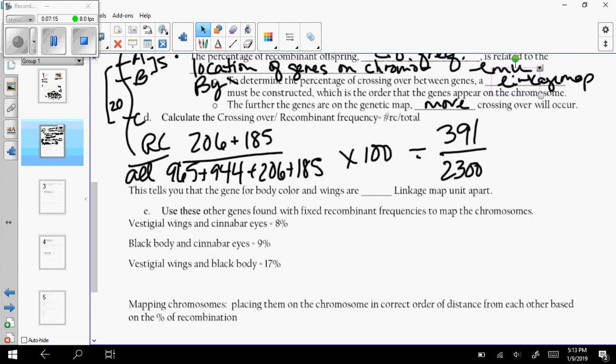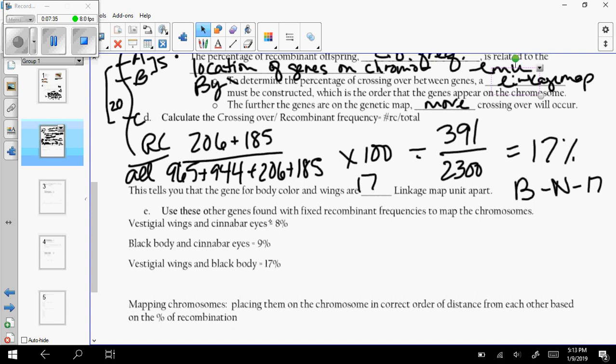I divide, then multiply by 100. That's 17%. So that tells me that these two genes, B and N, are 17 map units apart. So 17 would go right here.